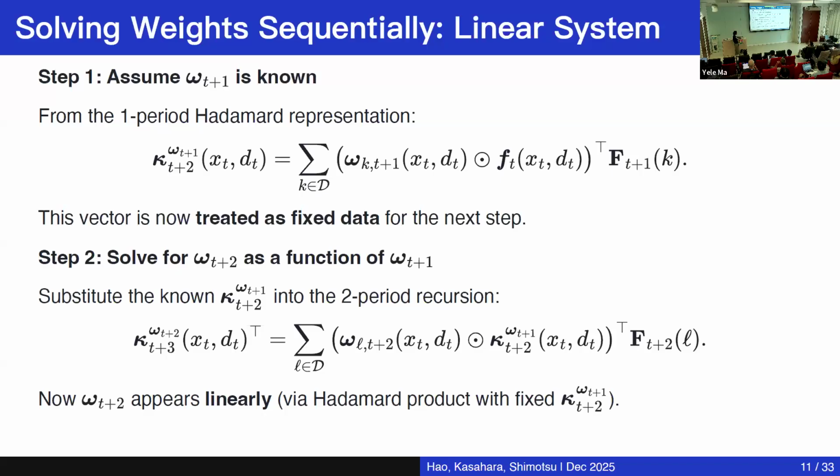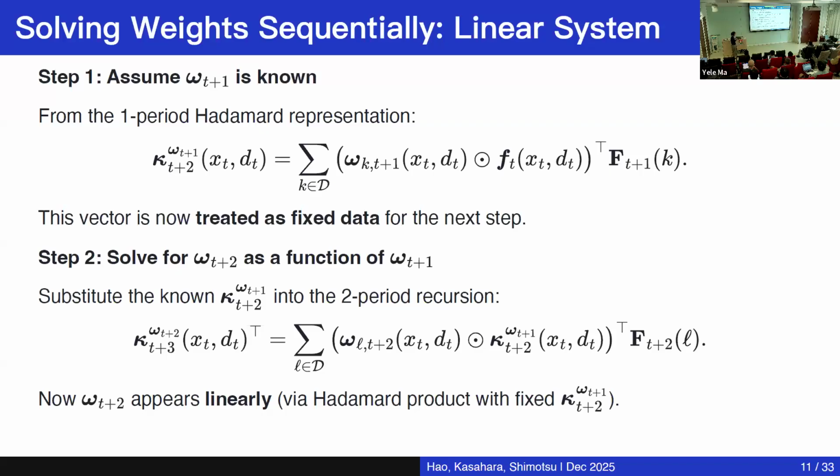And taking that as known, you can write this kappa T+3 as a function of T+2, where this kappa T+2 inherently has WT+1. So assuming that it's known, this function is a linear function of WT+2. Okay, so if it's a linear function, we can solve for WT+2 as a function of WT+1.